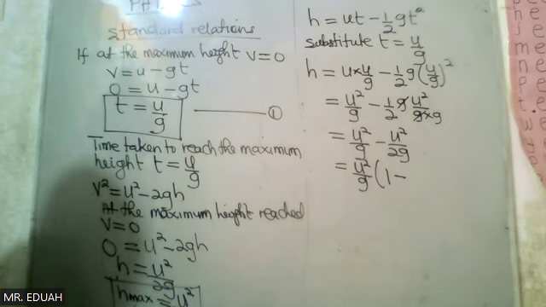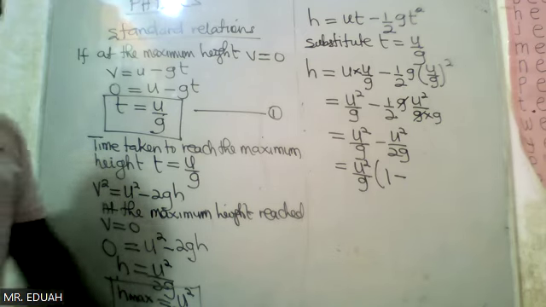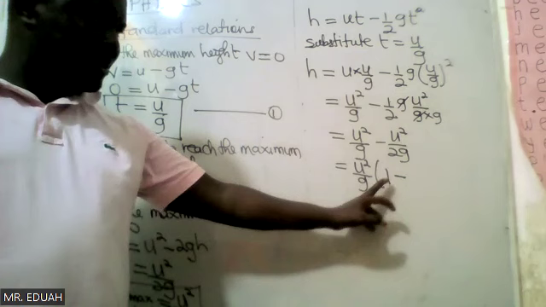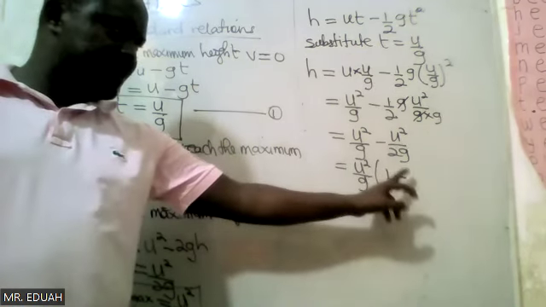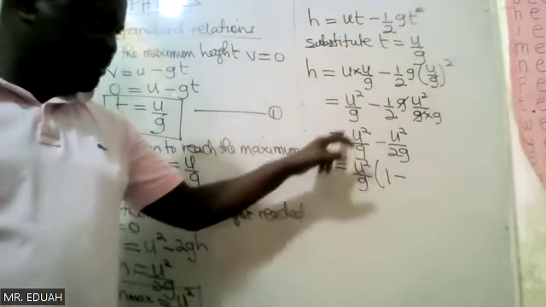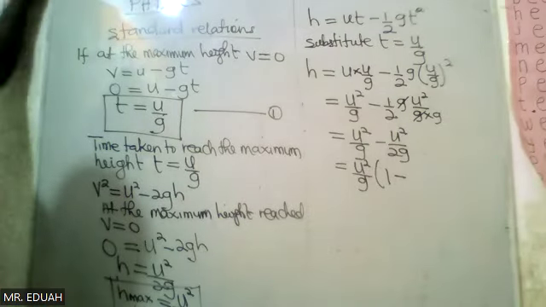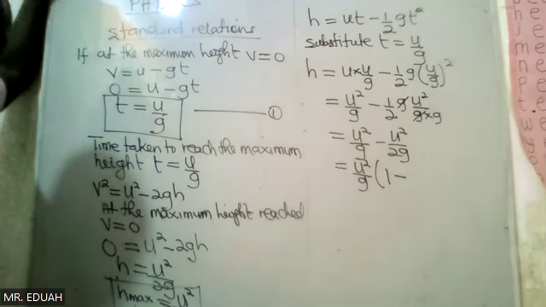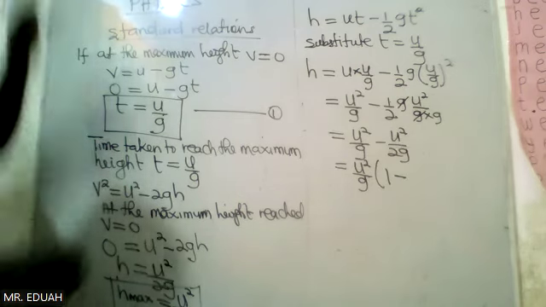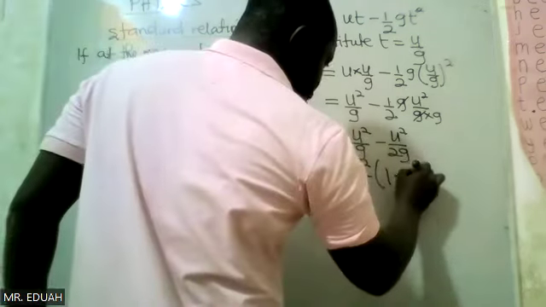So 1 minus what must be written here so that it gives me the same expression above? 1 over 2, good, or half.